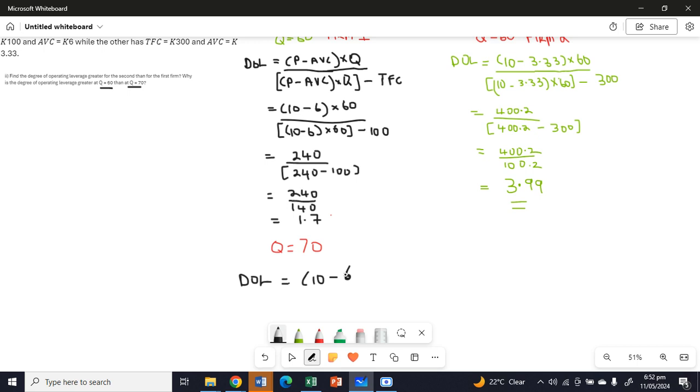Now remember this, colleagues, when your quantity increases, also your average variable costs increase, right? So keep that in mind.